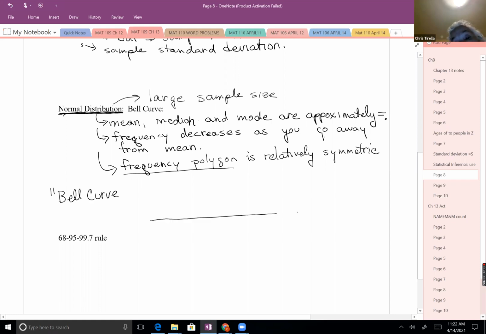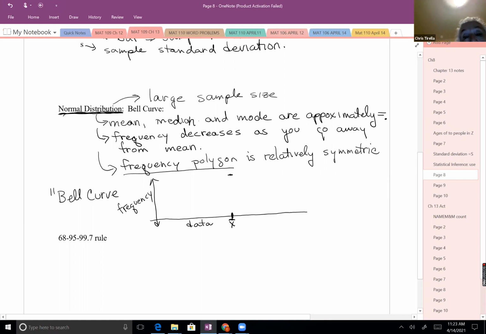And so over here, my horizontal axis would be my data values. My vertical axis would be my frequency. Somewhere in the middle, I'd have my mean. It's in the middle, so it would be the median. And because it's the mode, it would be the highest frequency.